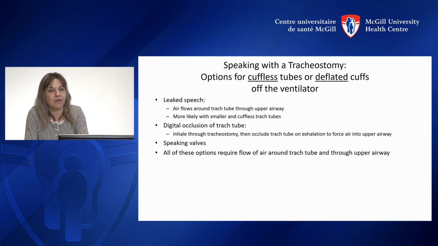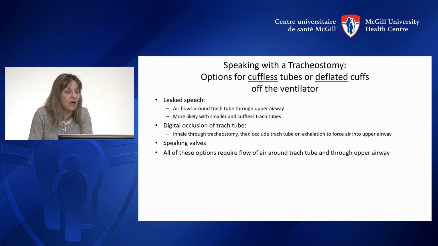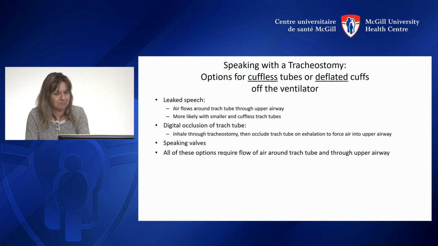It will not be a very strong voice, but it will be audible and good enough for 1 to 2 word utterances and production of some speech. This is usually possible with tracheostomy tubes that are smaller and cuffless.